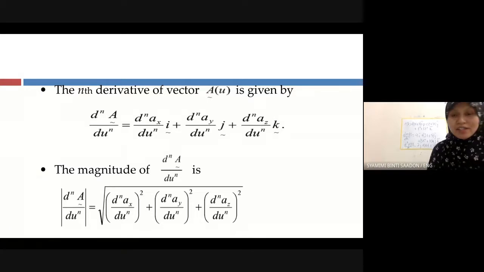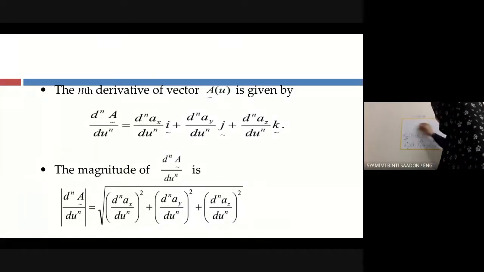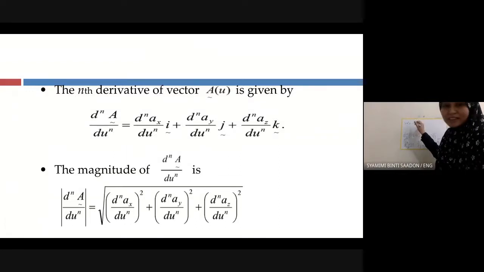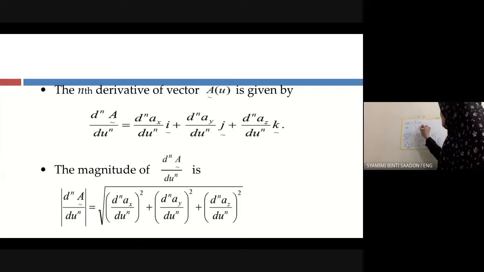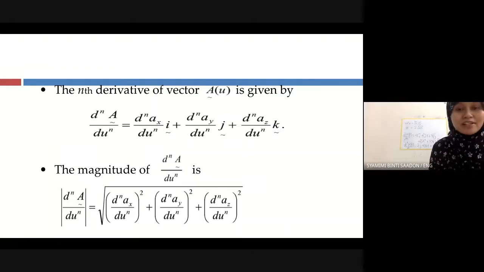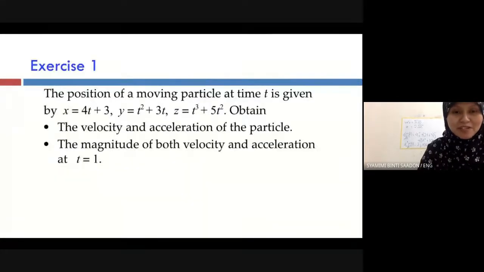For velocity, the magnitude is square root of 210, and for acceleration it is 2 square root of 65. Or you can write it in decimal also. So this is the magnitude of the acceleration and velocity of a particle. I think this is very simple.